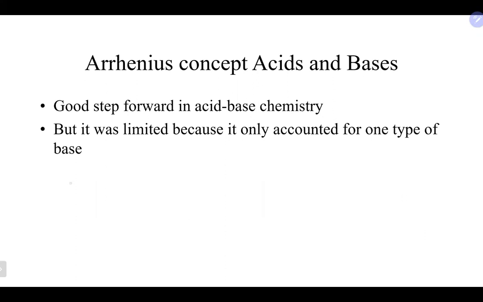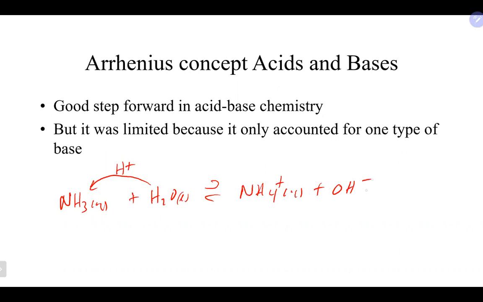So for example, if we look at something like, as we'll see, probably NH3, which is a weak base, when it reacts with water, it will actually take an H plus from water. The result of that is you'll make NH4 plus and OH minus. So in this case, we are still able to produce some OH minus in solution.